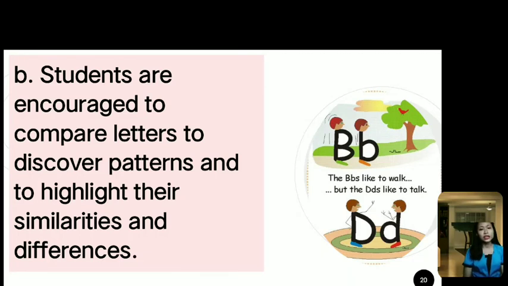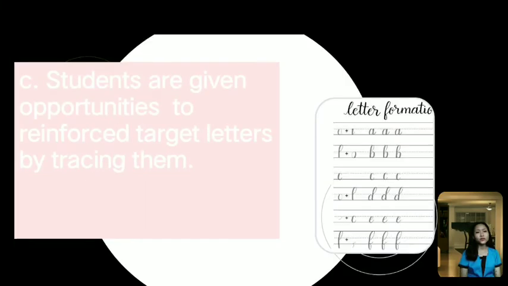The example is letter B and letter D. The B's like to walk, but the D's like to talk. Next, the students are given opportunities to reinforce target letters by tracing them. The example given is one of the activities given to the learner to help them improve their writing skills.